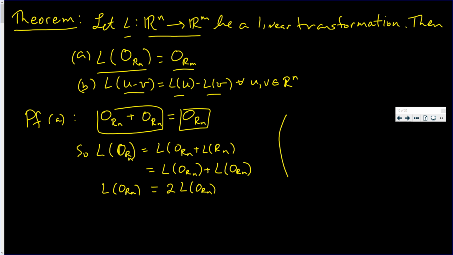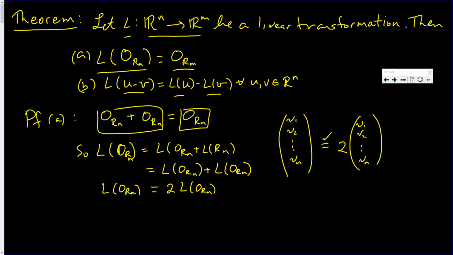That is, you have a vector in Rn that when you take that same vector in Rn and you double it, you get equality. Now remember, if the vector is v1, v2, up to vn, the right-hand side will become 2v1, 2v2, down to 2vn.